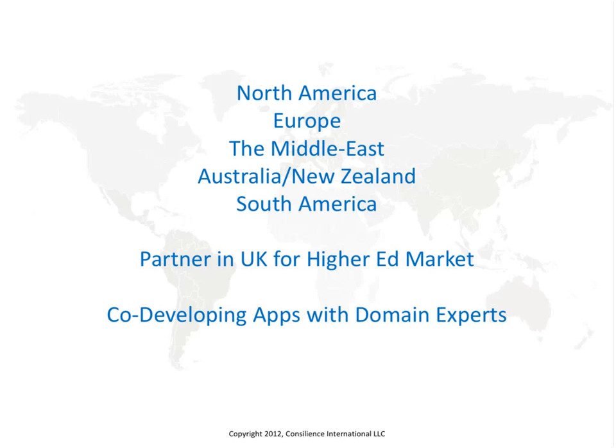So moving along. We, as a company, are only 3 years old, but we already have customers in North America, Europe, the Middle East, Australia, New Zealand, and our latest is a proof of concept for a South American bank. So things are getting pretty exciting for us.